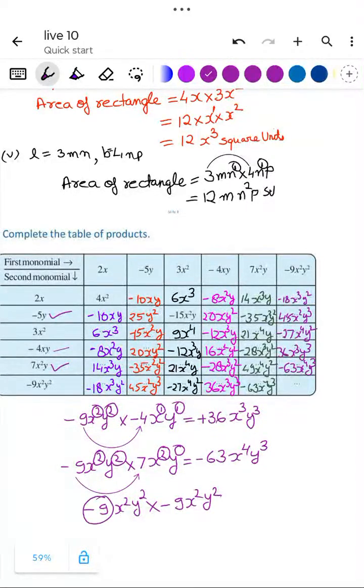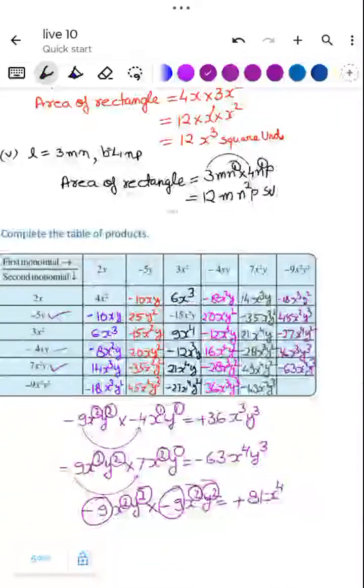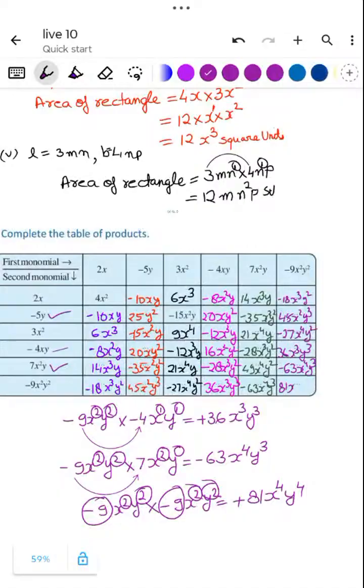So negative 9 into negative 9 will be positive 81. x to the power 2 plus 2, 2 plus 2 is 4. y to the power 2 plus 2, this is y to the power 4. So the answer will be 81x to the power 4 y to the power 4.